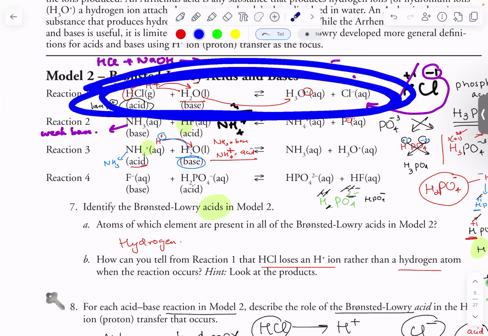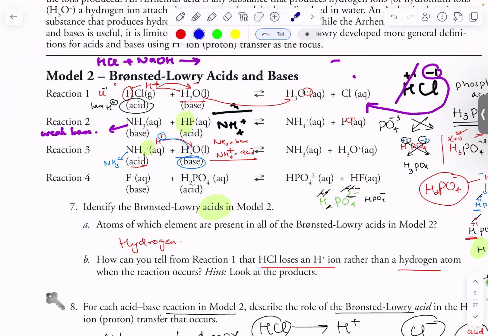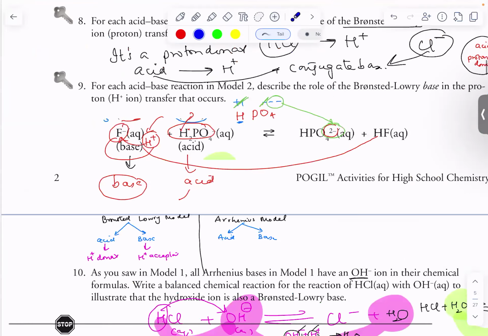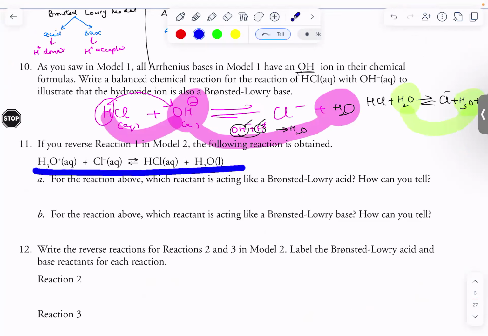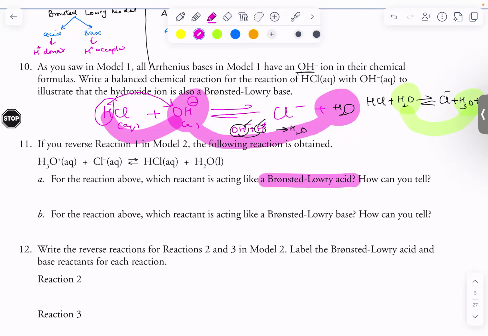If you reverse it, the following reaction is obtained. For the reaction above, which reactive species reactant is acting like a Bronsted-Lowry acid? This is the main word. Which is the Bronsted-Lowry acid and why? Or how can you tell?